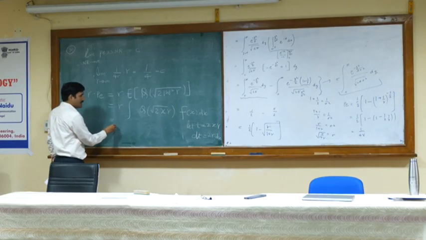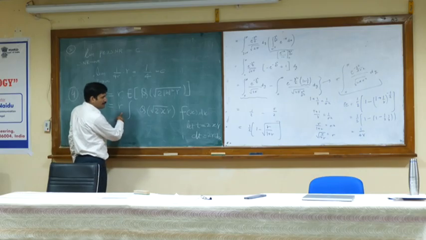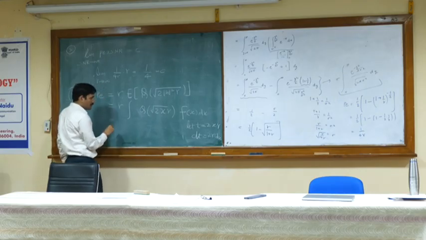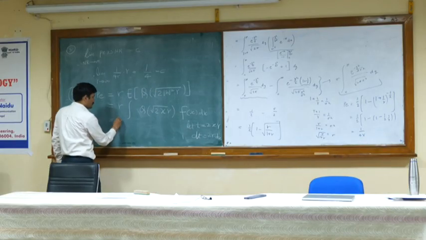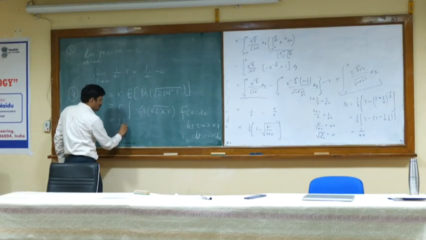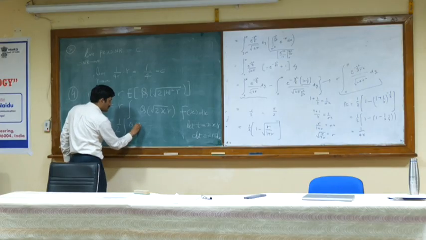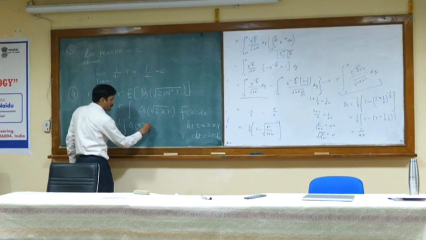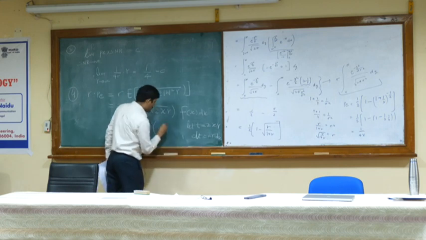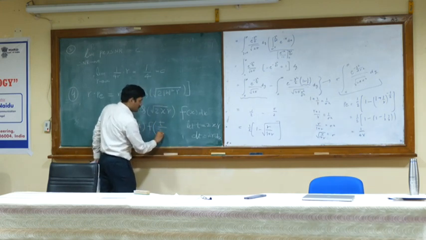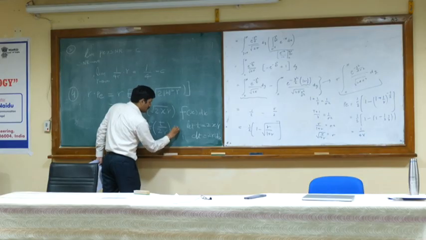So gamma dx equals dt by 2. So we get 1 by 2, Q of square root of t, Fx of t divided by 2 gamma, into dt.